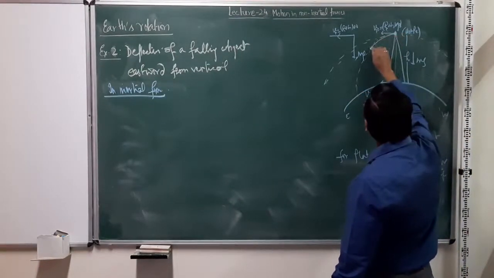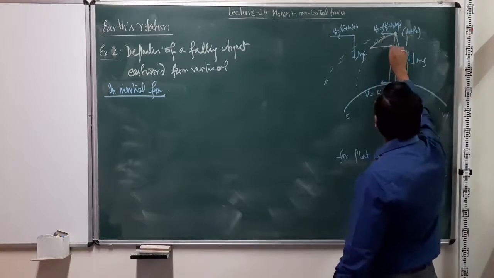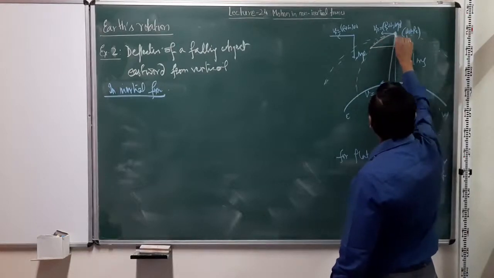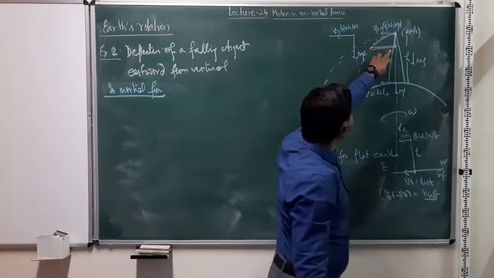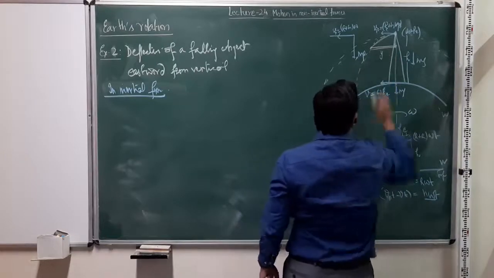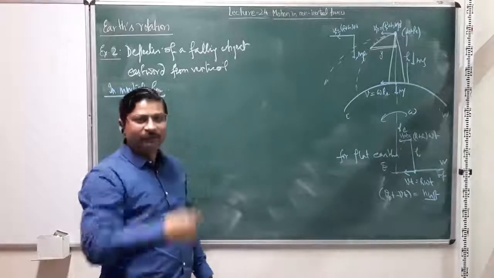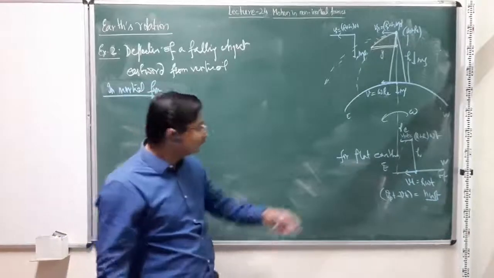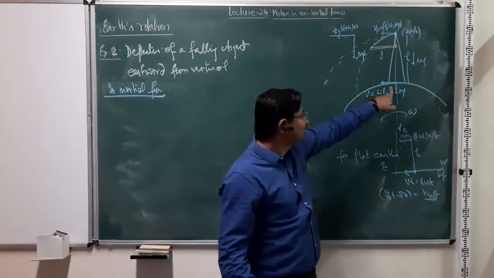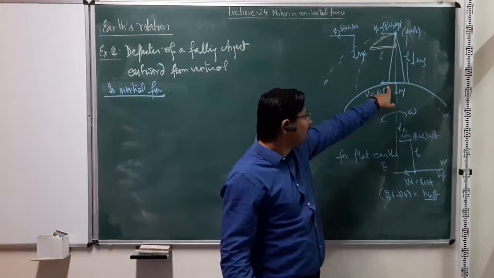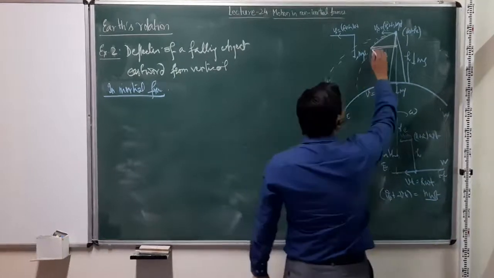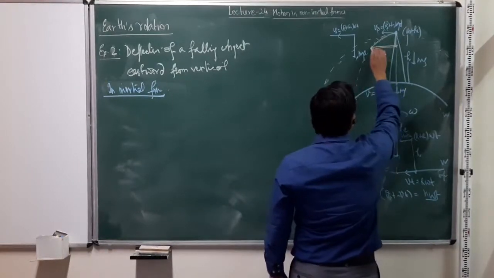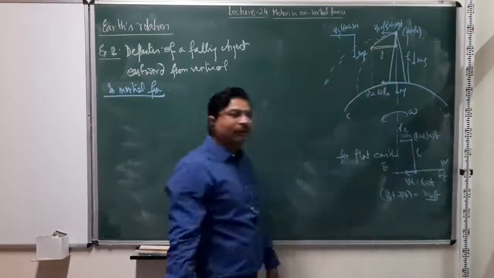However, let us say it has fallen by this much height, so that it has traversed a distance y in the eastward direction in the inertial frame. Of course, this point has also traversed some eastward distance in the same time. However, now at this location, the acceleration due to gravity is not vertically down.